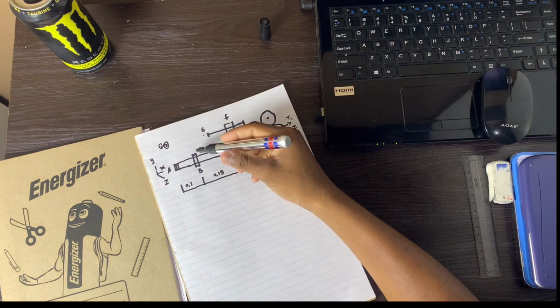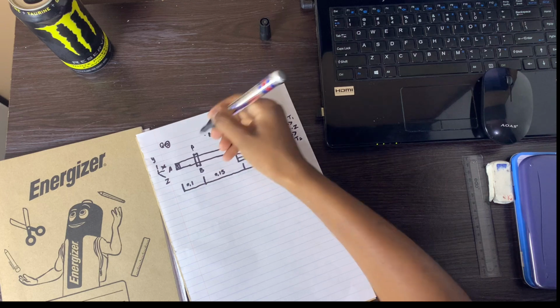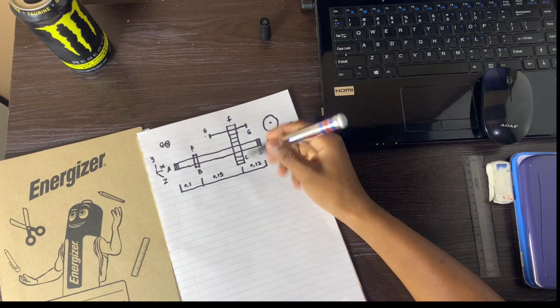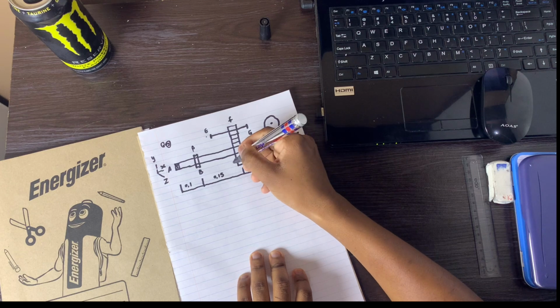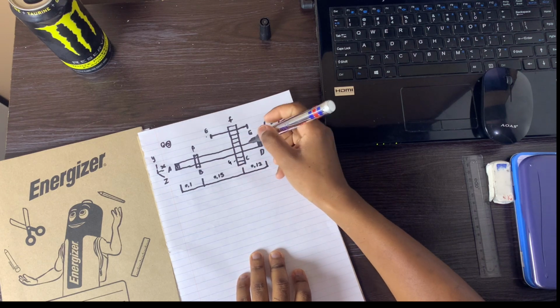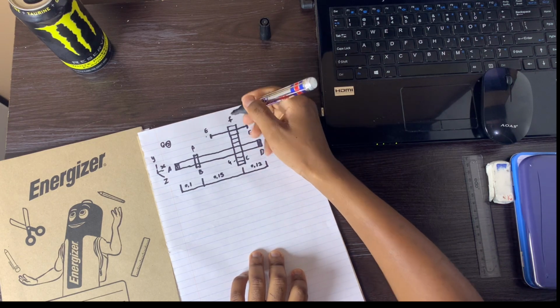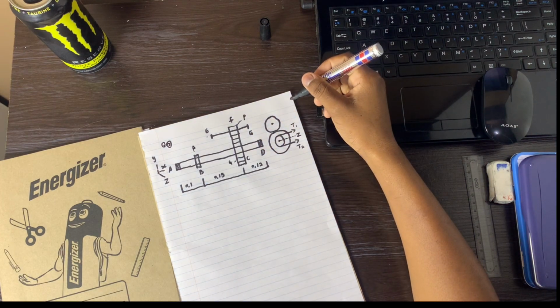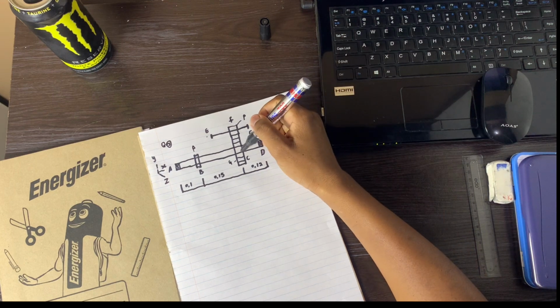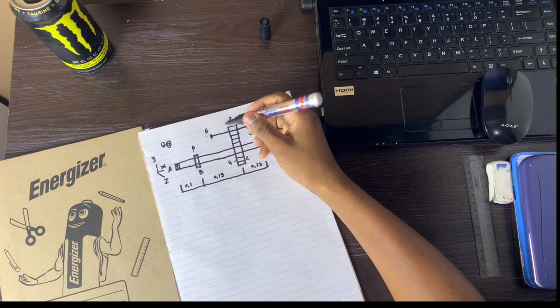We have a pulley here. This is a pulley, right? And then there's a gear set. We have a gear here, and then here we have a pinion. This is the driver, this is the driven, and then we have a pulley here.